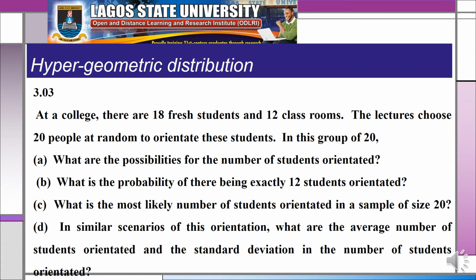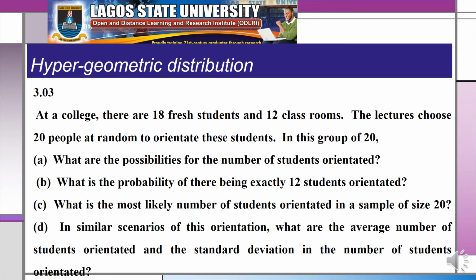Example 3.03. At a college, there are 18 fresh students and 12 classrooms. The lecturer chose 20 people at random to orientate these students. In this group of 20, what are the possibilities for the number of students orientated?